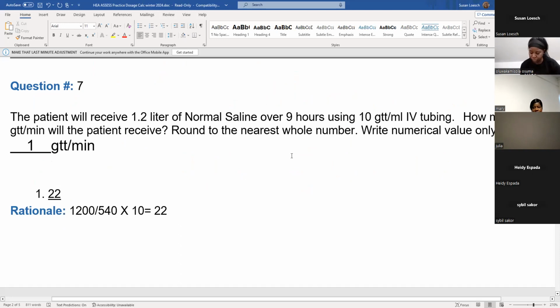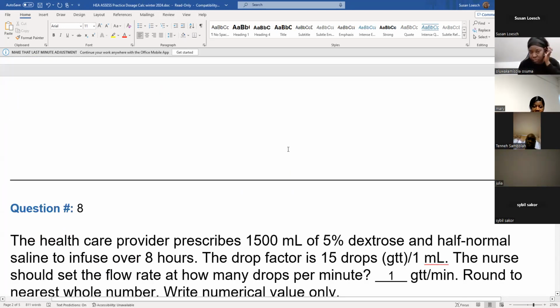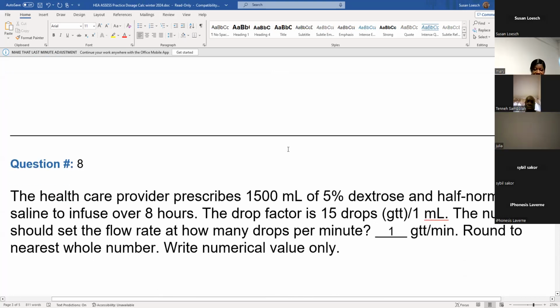Can you see the questions again? Or do you see the whiteboard still? The whiteboard or the questions? We see the questions. Okay, do the next one on your own.